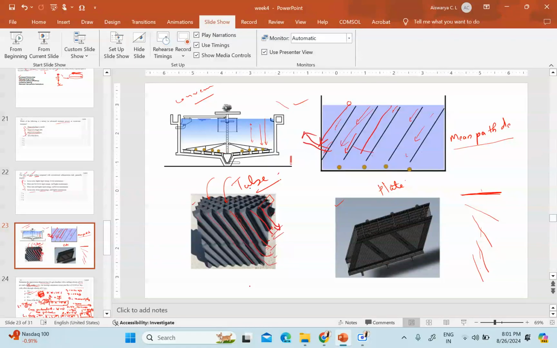Only at this portion it will be high, but most of the pipes have lesser depth. Okay, then next class I will come with some more diagrams for proper understanding of the screens.